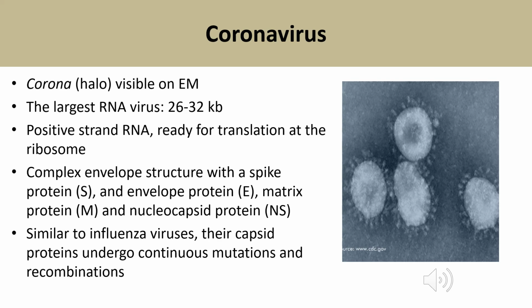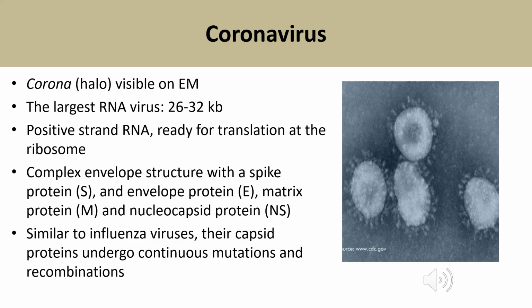These are the largest RNA viruses that we know of. They come as a positive stranded RNA ready for translation as soon as they enter the cell and make it to the ribosome. They have a complex envelope structure with several capsid proteins. The most important one that we will need to discuss is the spike protein, the S protein.